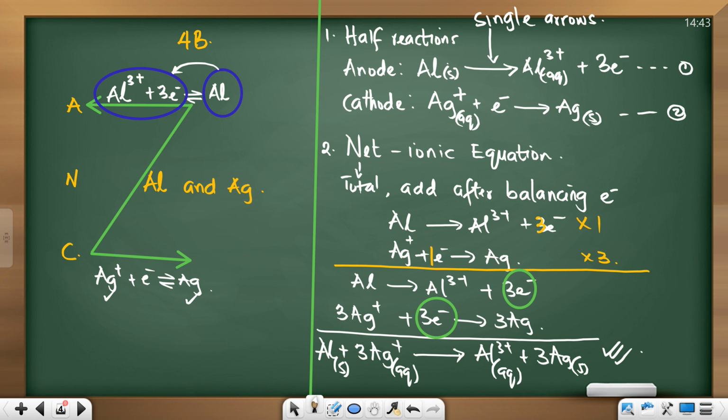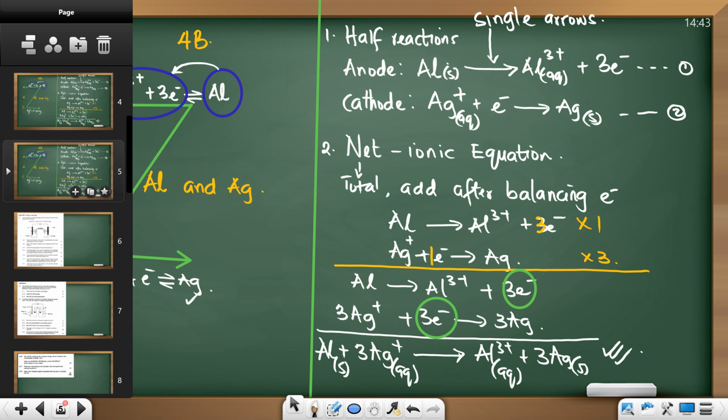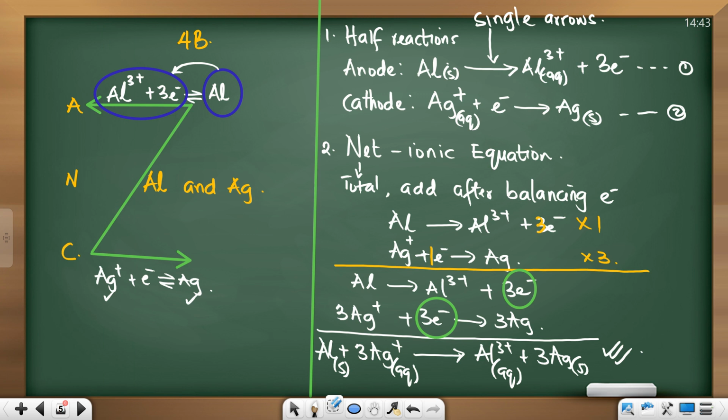Awesome. The next thing again is to write your cell notation. We say it's as simple as ABC.